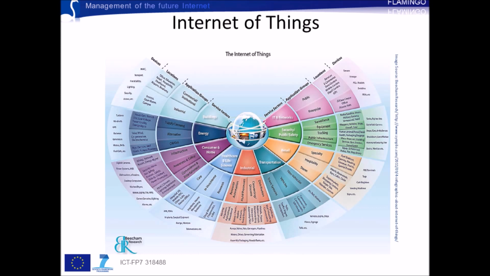All well-known devices like servers, storage, PCs, switches, and so on can be used here. Other service sectors can be found in health, building, industry, or transportation.